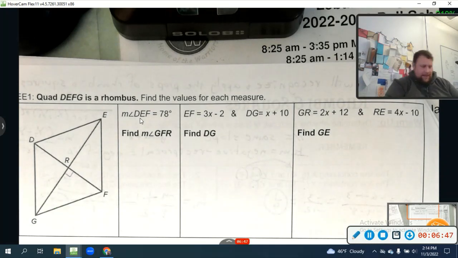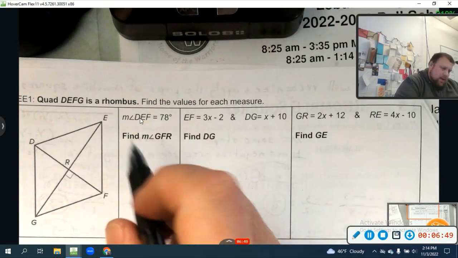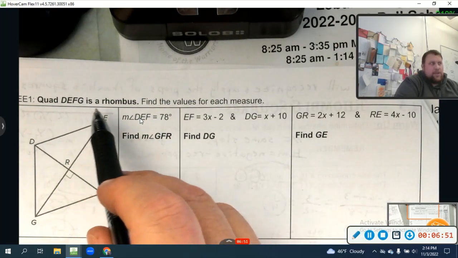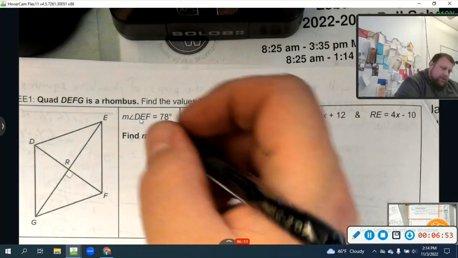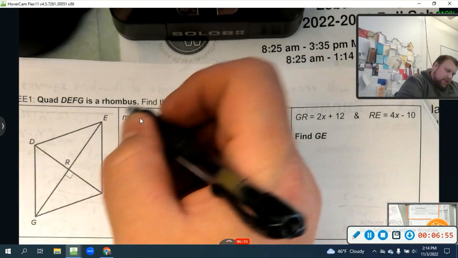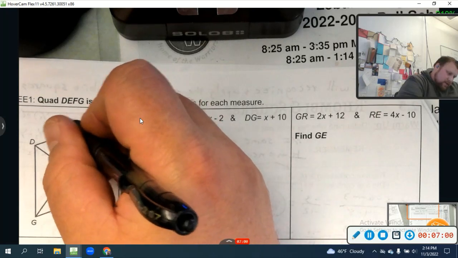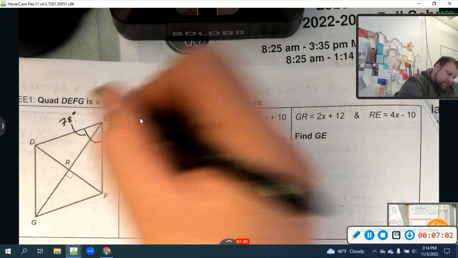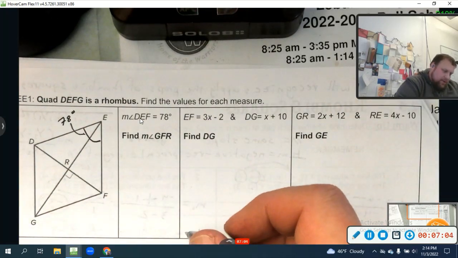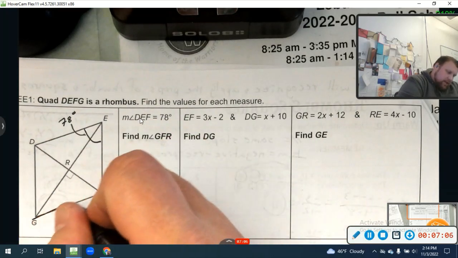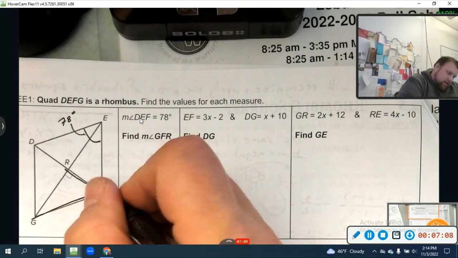All right, let's do this. Quadrilateral DEFG is a rhombus. Find the values of each measure. Well, what if the measure of angle DEF right here is 78 degrees? Find the measure of angle GFR right here.